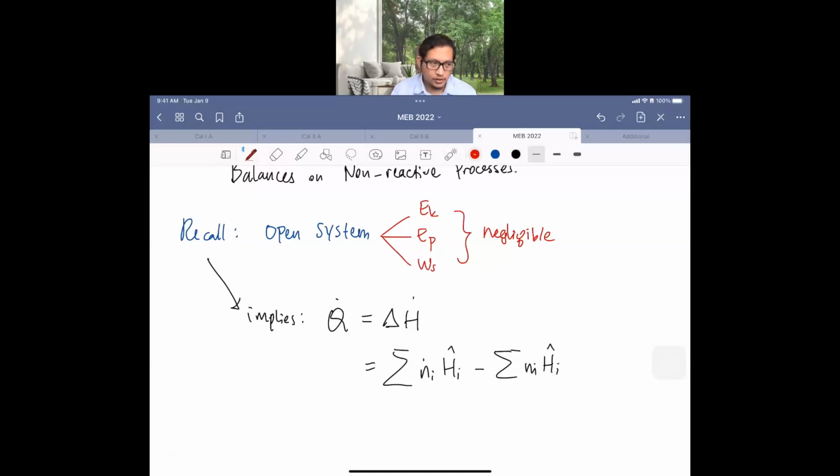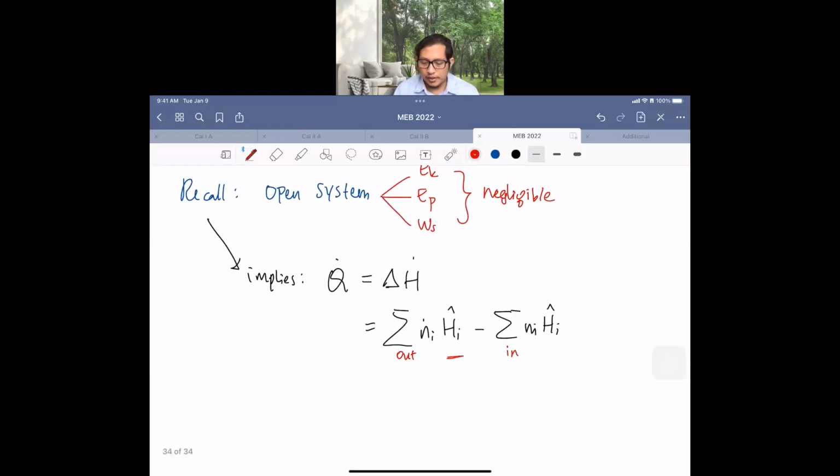So this is the output, and this is the input. Okay. And we know that this enthalpy, we call it specific enthalpy, right? This is just a little bit of review on the open system that we did in chapter 7. This is specific enthalpy for the inlet system and outlet system.